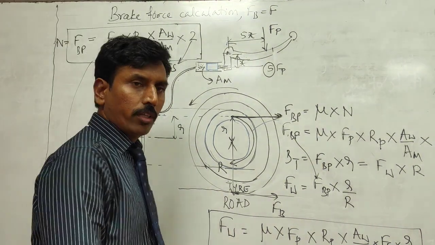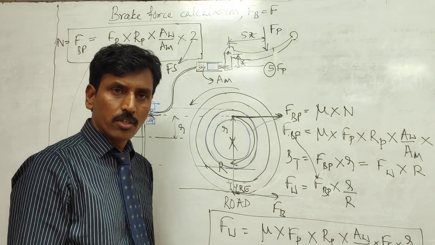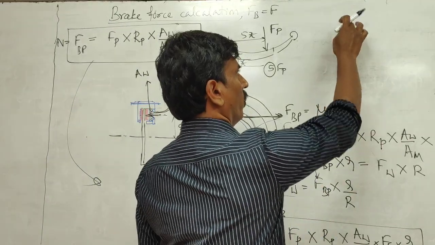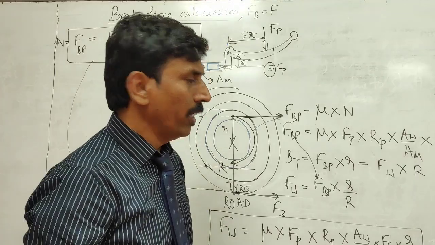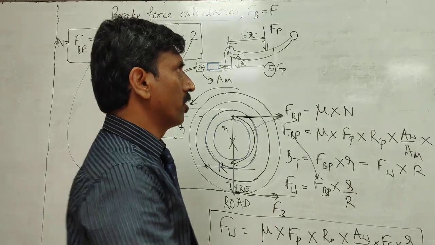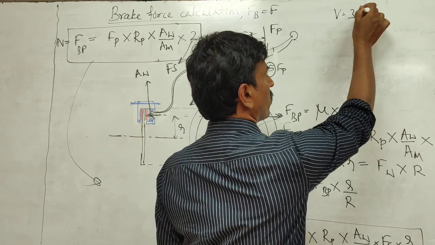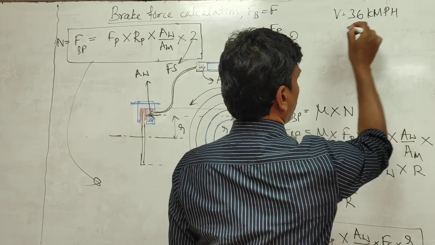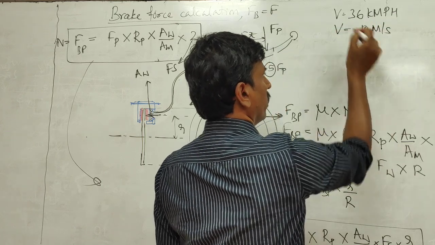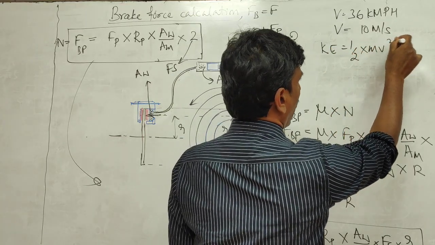Using this brake force at the wheel, you can definitely calculate the braking distance. If a vehicle is going at some speed, maybe around 36 kilometers per hour, then the velocity of the vehicle is equal to 10 meters per second, and the kinetic energy is equal to half mv square.